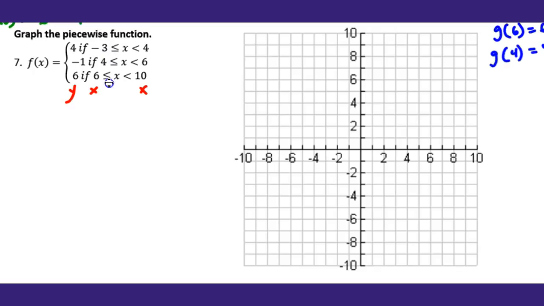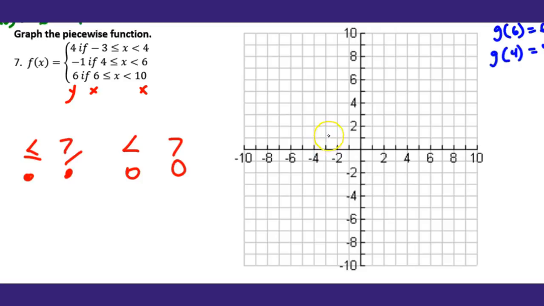The thing to remember is, if it is greater than or equal to, or less than or equal to, you have closed circles. But if it's just less than or greater than, they're open circles at the point. So right here, this says the graph is defined at 4 between -3 and 4.